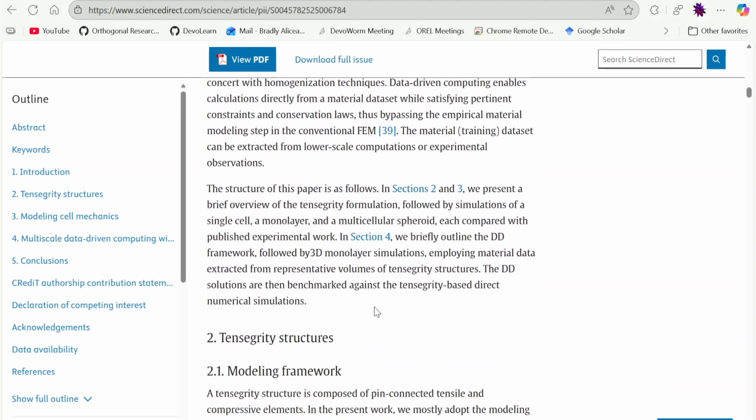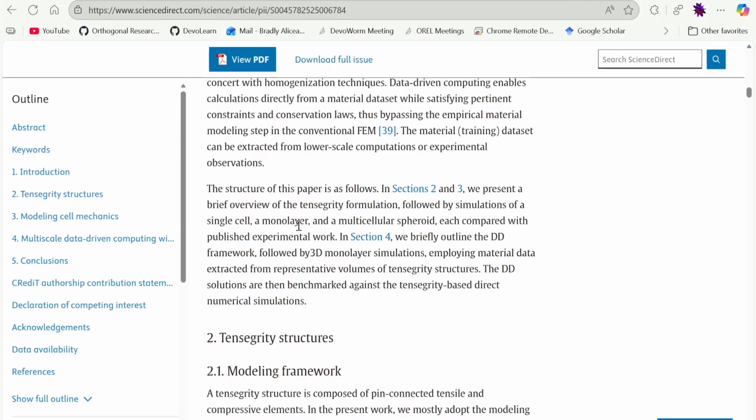They simulate a single cell, then a monolayer, then a multicellular spheroid. So they build up to the multicellular case with geometry. You have the single cell, which is the point, the monolayer, which is a one-dimensional or two-dimensional structure, and then multicellular, which is the three-dimensional structure, the spheroid.